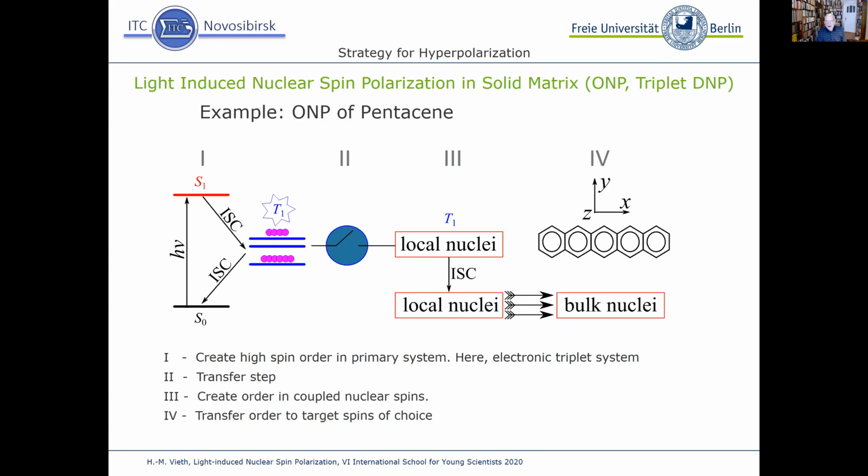And now the local nuclei are partly polarized. And then we can distribute this polarization in our solid matrix by spin diffusion. That's how we polarize a full crystalline matrix, for example.